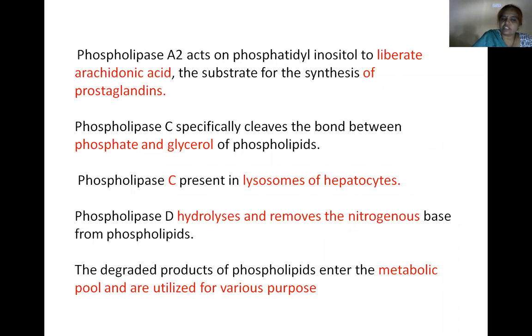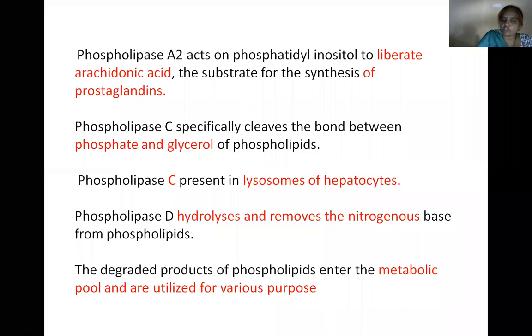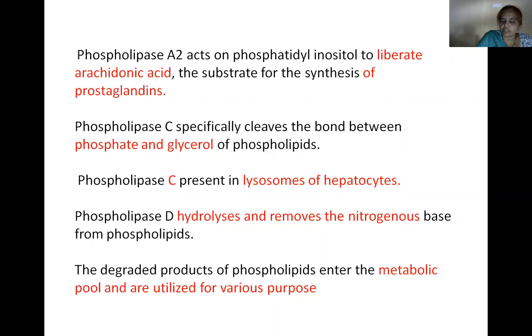Now see where the phospholipases especially act. Phospholipase A2 acts on phosphatidyl inositol, as I told you previously. Phosphatidyl inositol contains arachidonic acid at the C2, that is, carbon 2. When phospholipase A2 acts upon phosphatidyl inositol, it liberates the arachidonic acid.